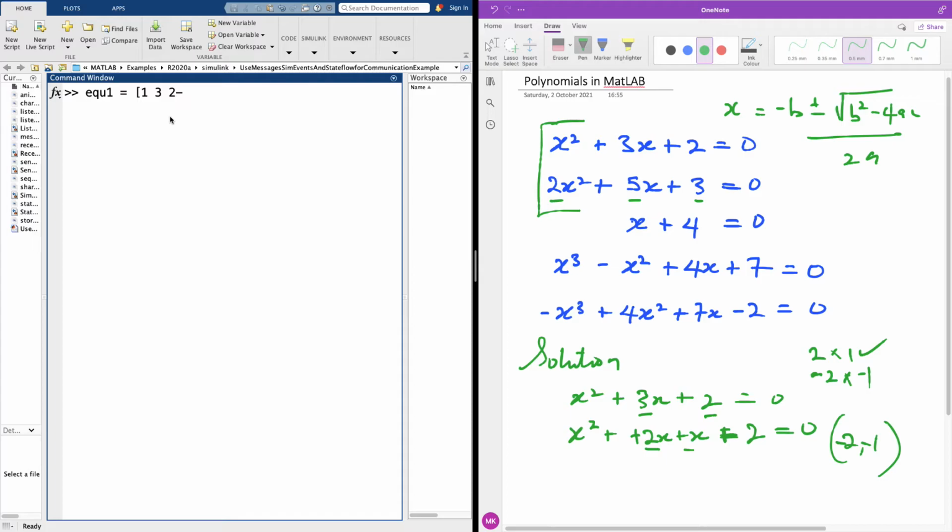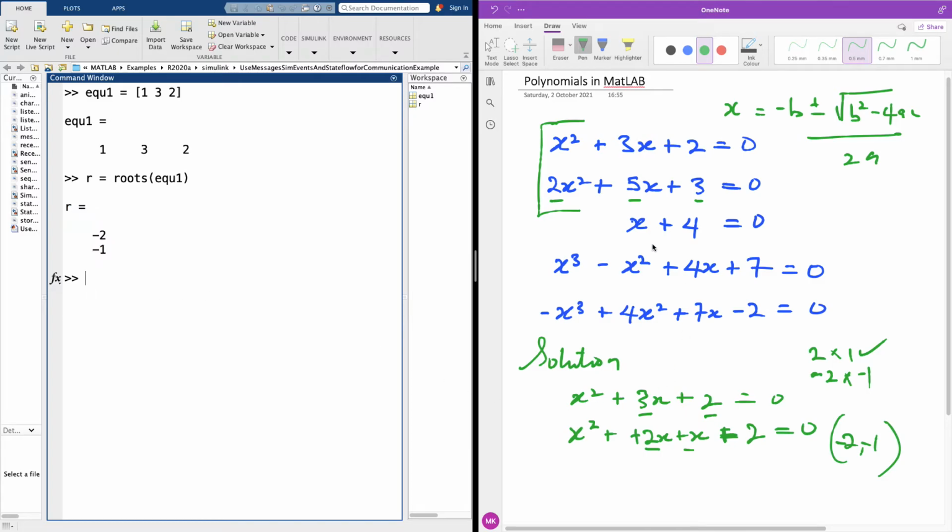So this is what we have here. Enter. So we have this equation exactly represented, and to find the roots of this equation, you say r is equal to roots and specify the equation, in this case equation 1, right? Okay, so let's see, and it gives us the roots. You can see this is exactly what we calculated.